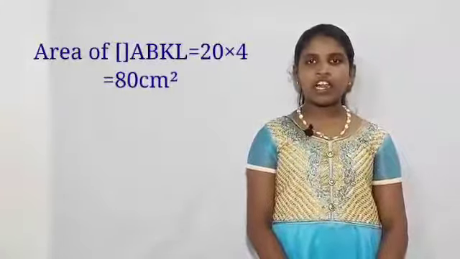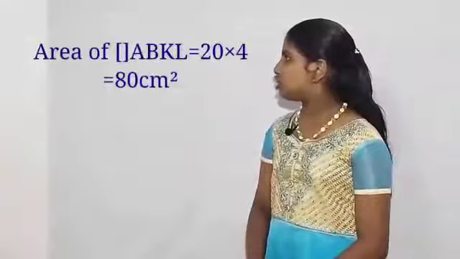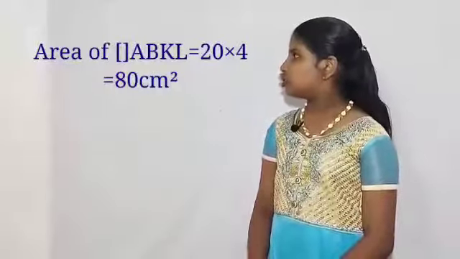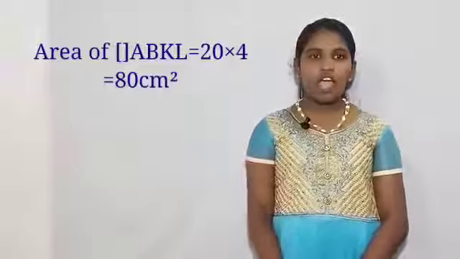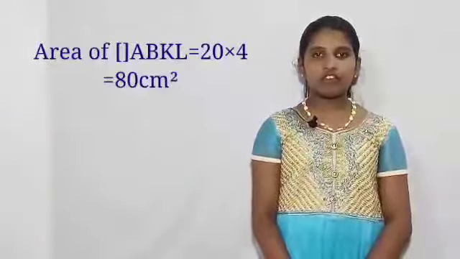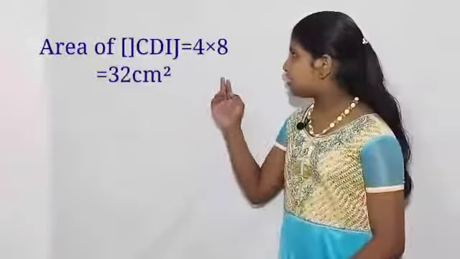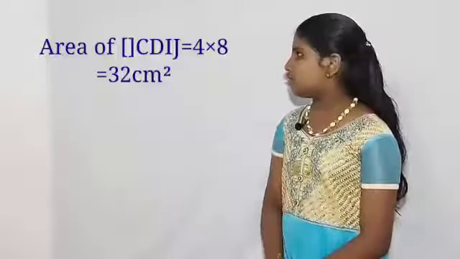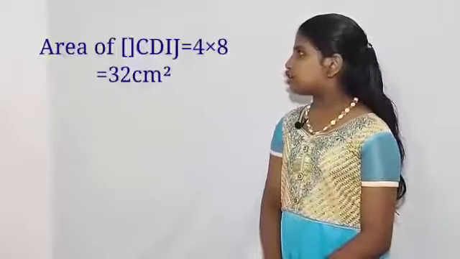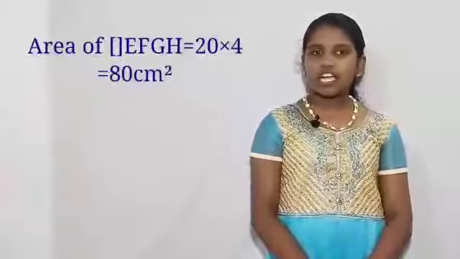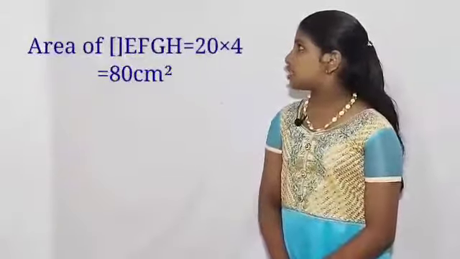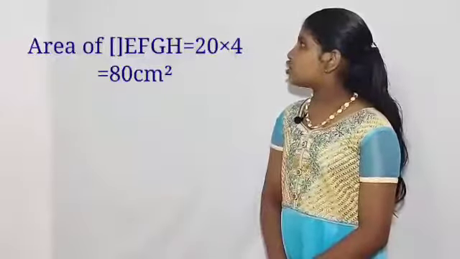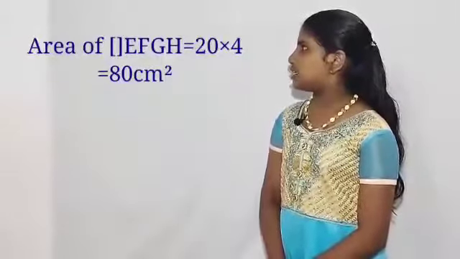The area of rectangle ABKL is equal to 20 into 4 is equal to 18 centimeter square. Next, the area of rectangle CDIJ is equal to 8 into 4 is equal to 32 centimeter square. And last, the area of rectangle EFGH is equal to 20 into 4 is equal to 18 centimeter square.